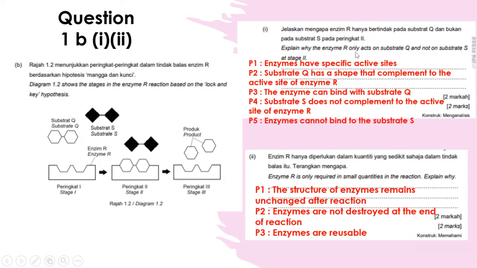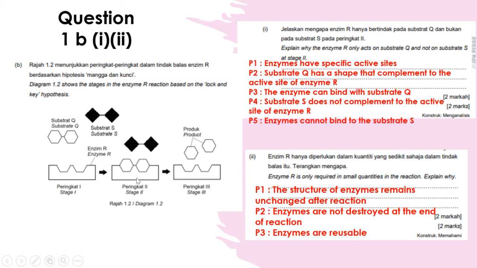Let's go to question 1. Explain why enzyme R only acts on substrate Q and not on substrate S at stage 2. This is stage 2, as we can see from the diagram. Substrate Q binds with enzyme R here.